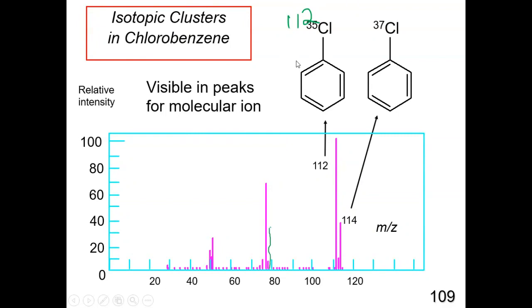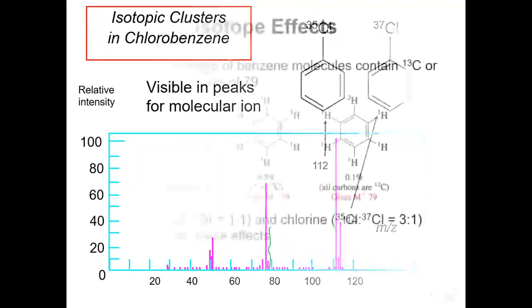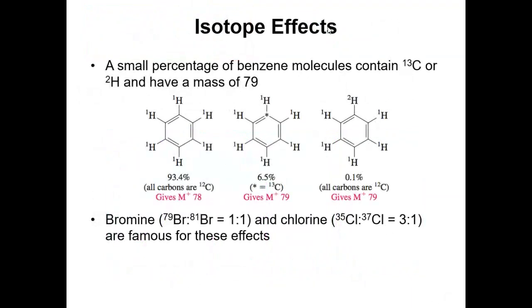Okay. And why are we so sure this must be the molecular ion and must have chlorine there? Because we know naturally occurring chlorine has chlorine 35 and chlorine 37, and the abundance ratio of chlorine 35 to chlorine 37 is 3 to 1.